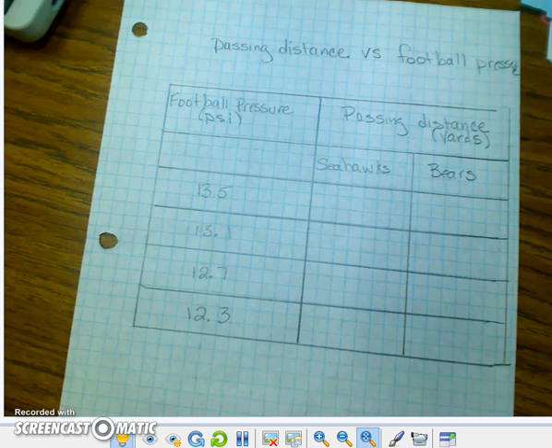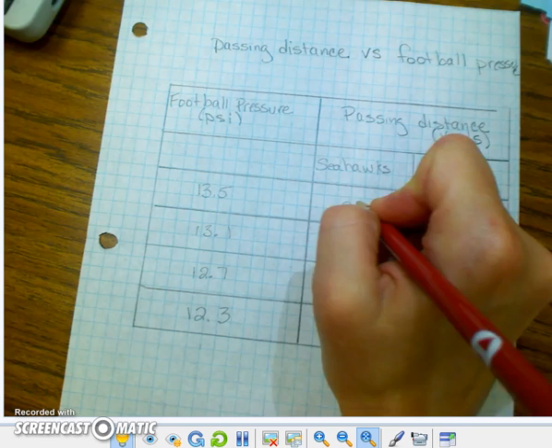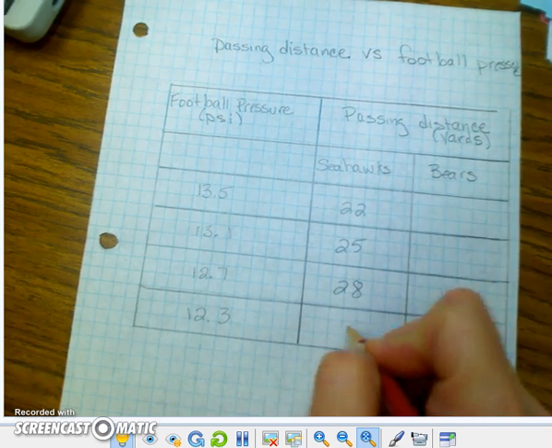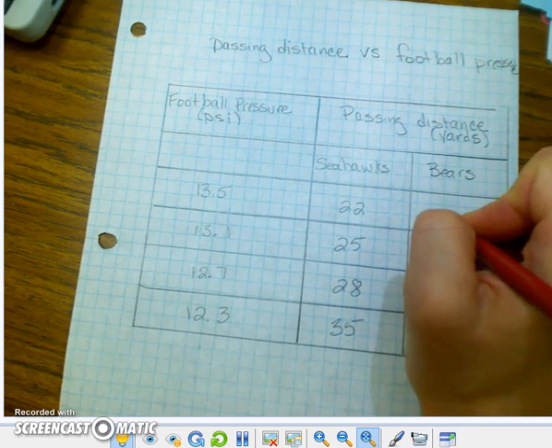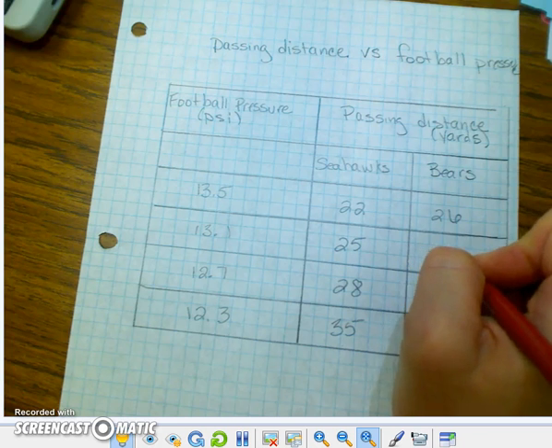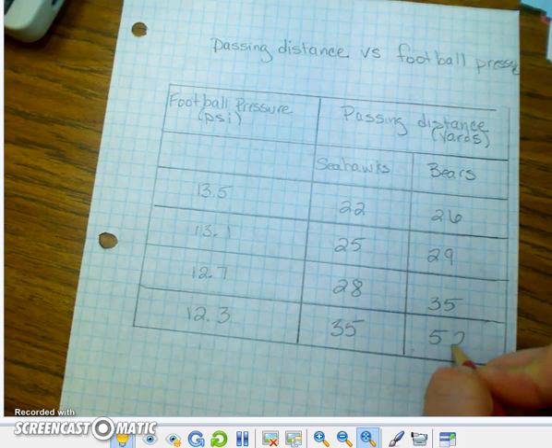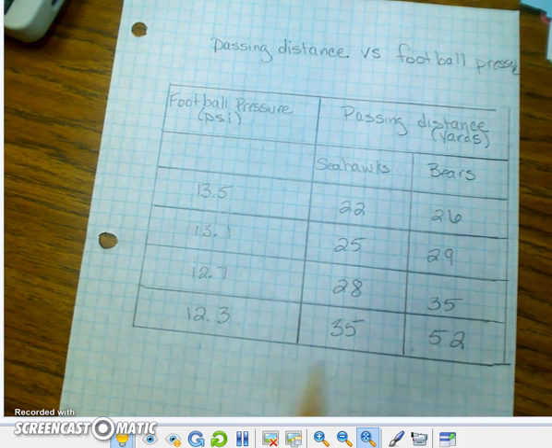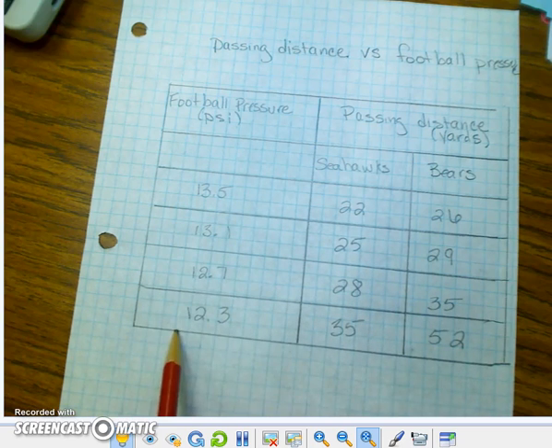And let's see, for the yardage that they got, our Seattle Seahawks was 22, then 25, then 28, then 35. For the Bears, it was 26, 29, 35, and 52. So if we just kind of look real quick to evaluate these numbers a little bit, I'll notice that as the PSI went down, the yardage increased.